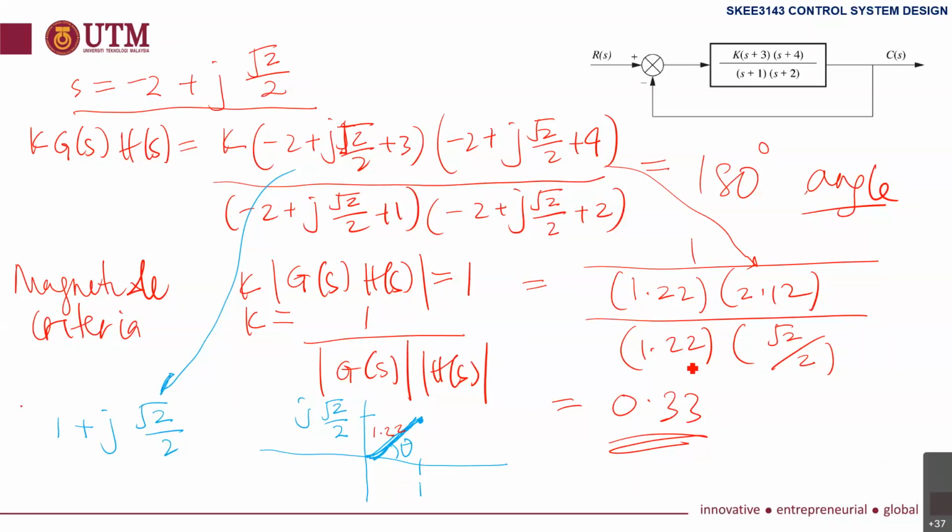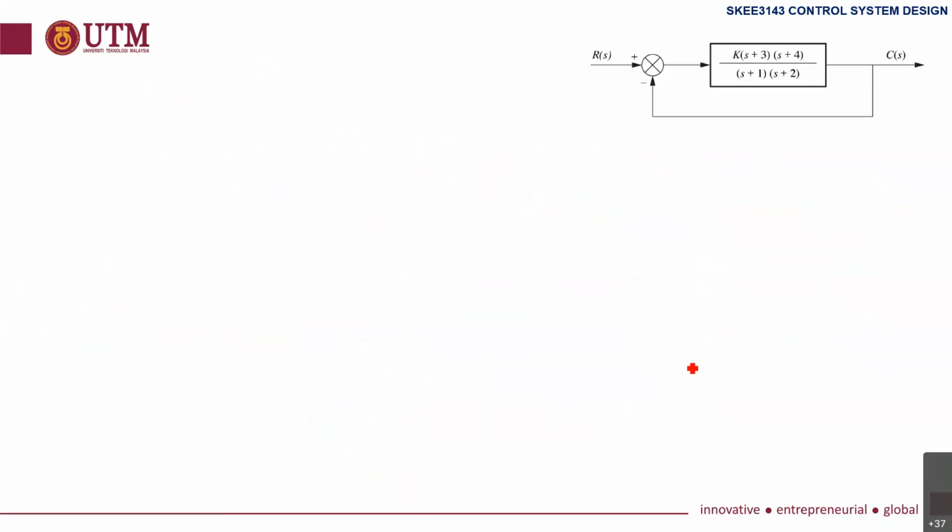This is the first technique, the first approach, in which you substitute the value of s into the equation and then solve for poles and zeros.